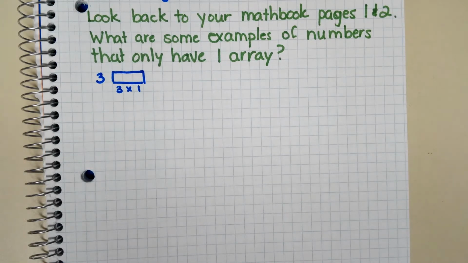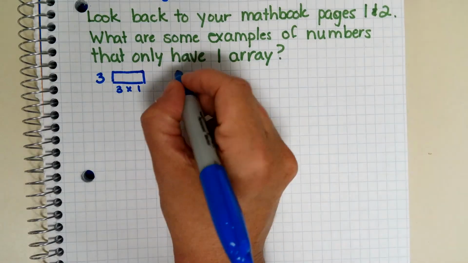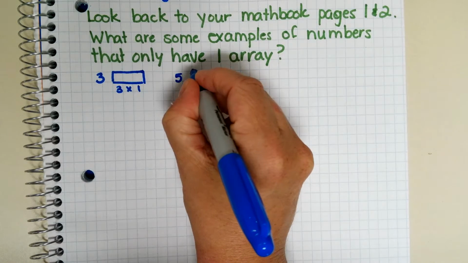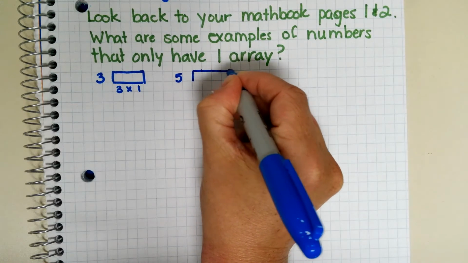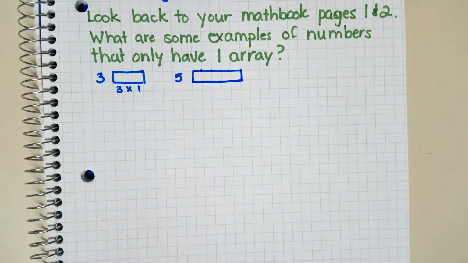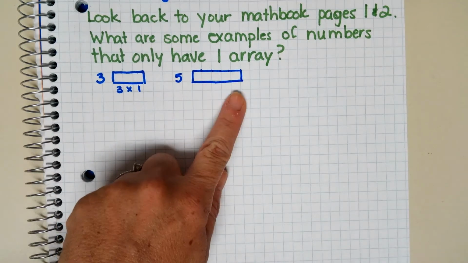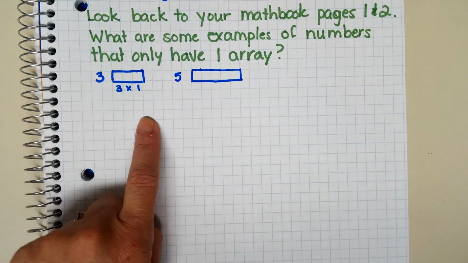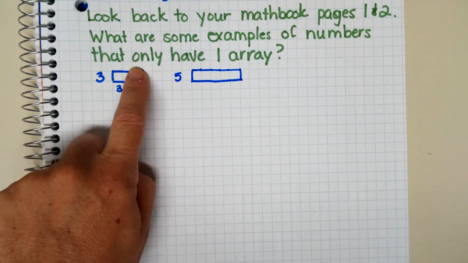So thinking along these lines, let's go ahead and take a look at 5. 1, 2, 3, 4, 5 tiles. Okay, now remember our arrays need to be rectangles. They need to be straight, right? We can't have sort of a pyramid kind of thing like 2 on the bottom and 1 on the top, right?